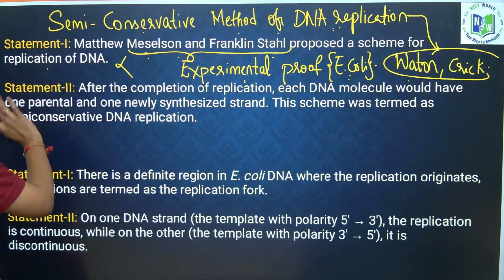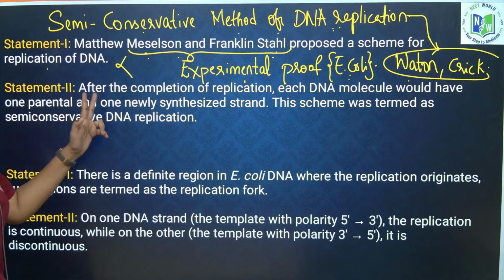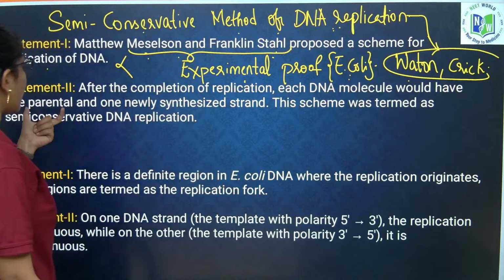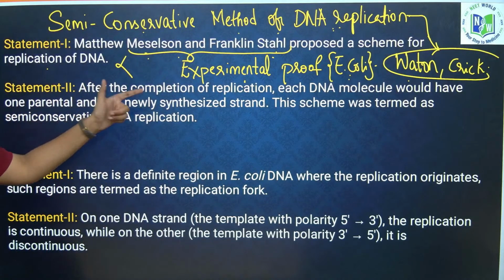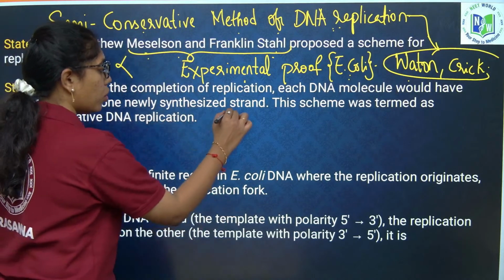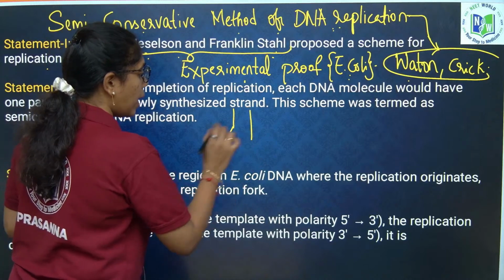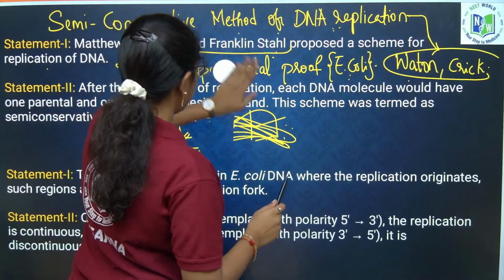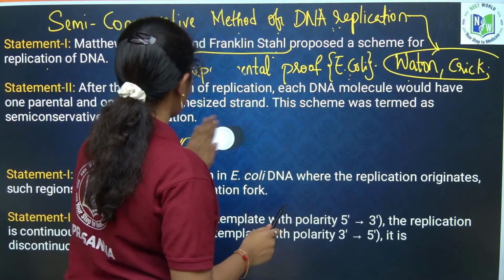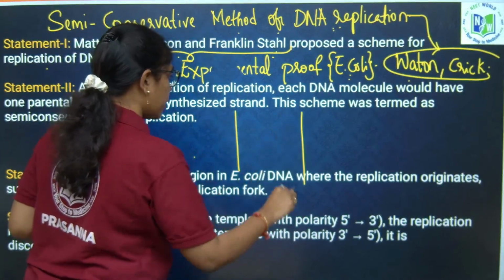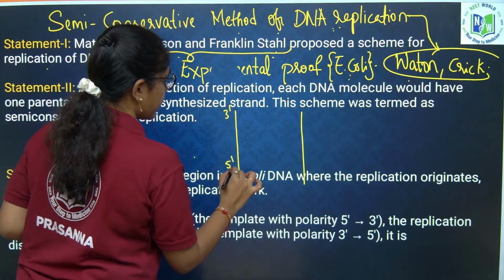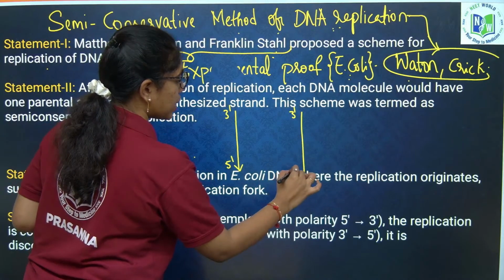Now, statement 2. So, statement 1 is wrong. Statement 2: after the completion of replication, each DNA molecule would have a parental and one newly synthesized strand. Of course, they will have one parental and one newly synthesized strand. These are parental strands.